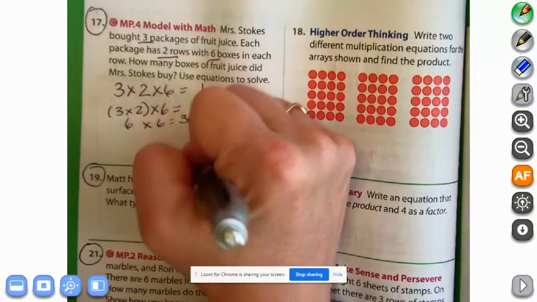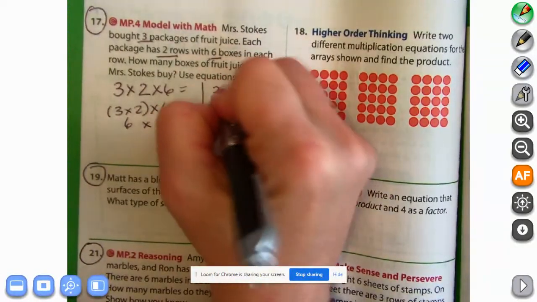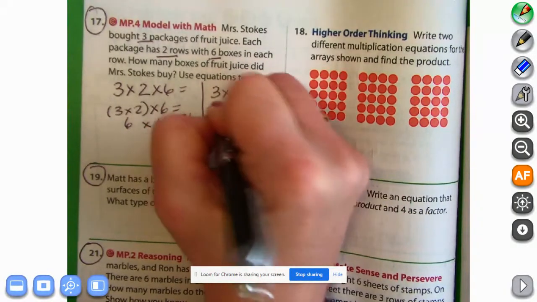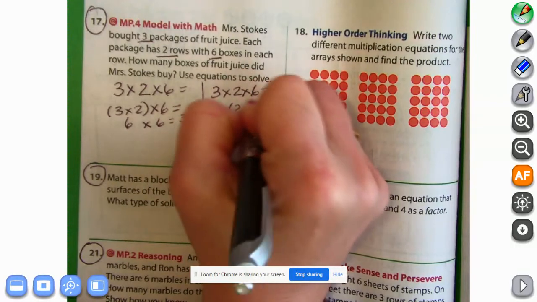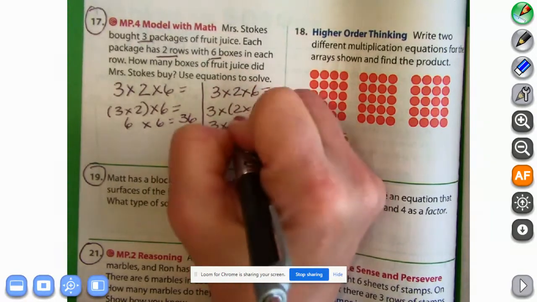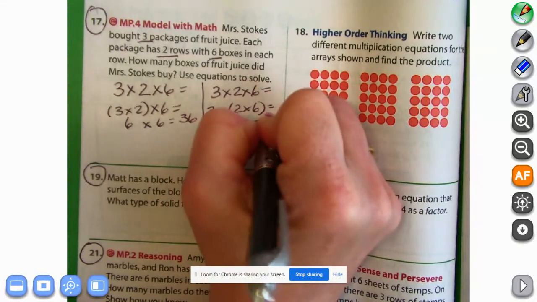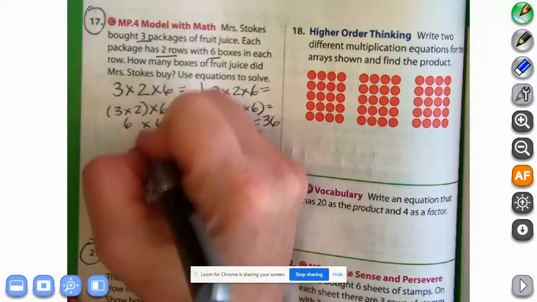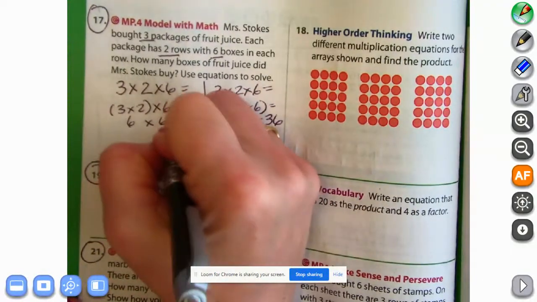Another way we could do it, 3 times 2 times 6. That's 3 times 2 times 6 is 12, which equals 36. Juice boxes.